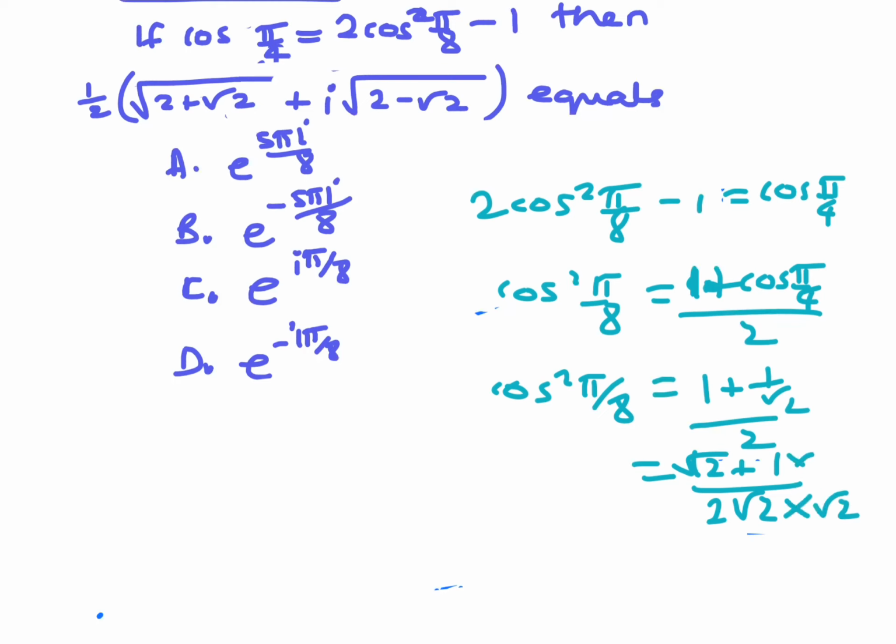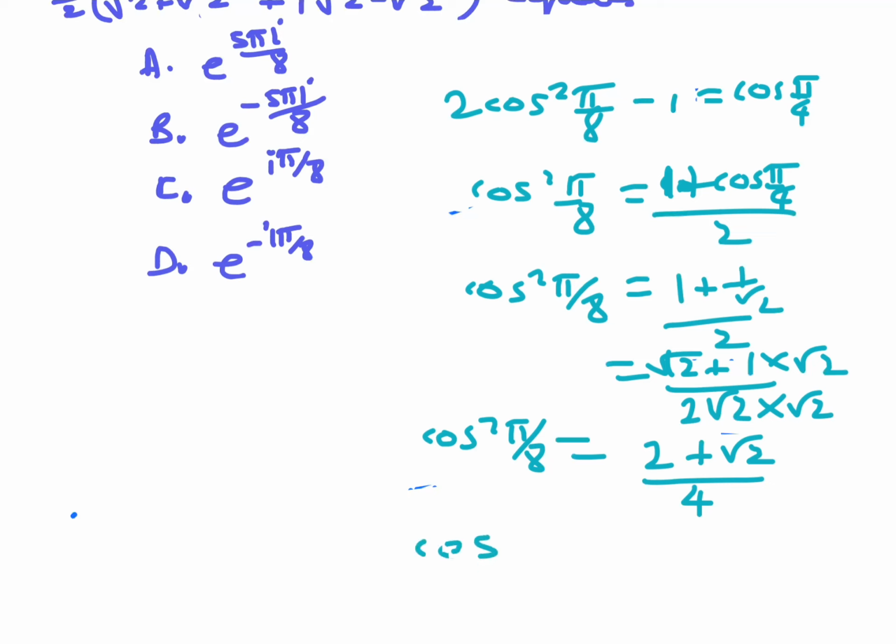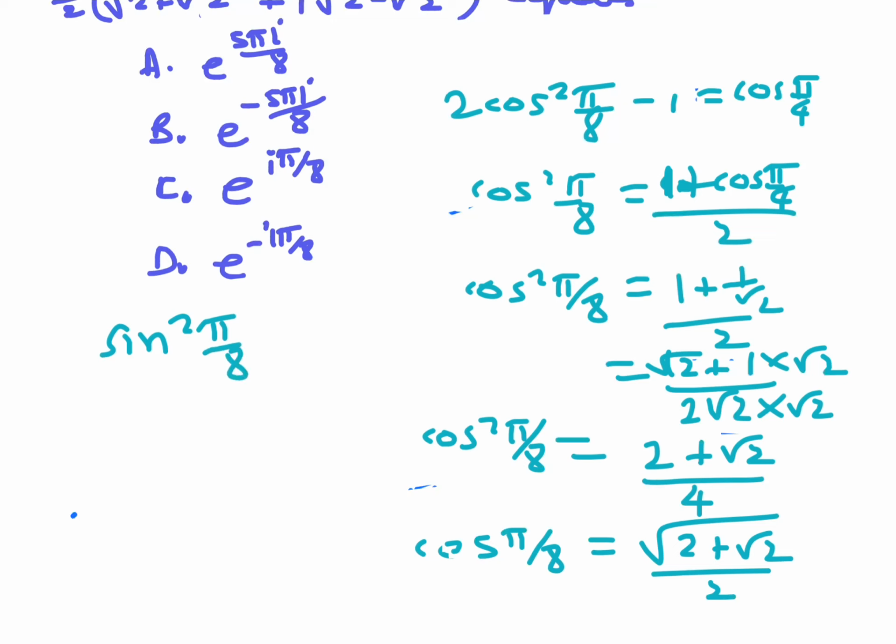Now, if I realise that, I multiply top and bottom by root 2, so I get 2 plus root 2 over 4, and that's what cos squared pi on 8 equals. So that means that cos pi on 8 would be the square root of 2 plus root 2, on 2. Now we could do the same thing with sine squared pi on 8. I know that equals a half of 1 minus cos pi on 4.